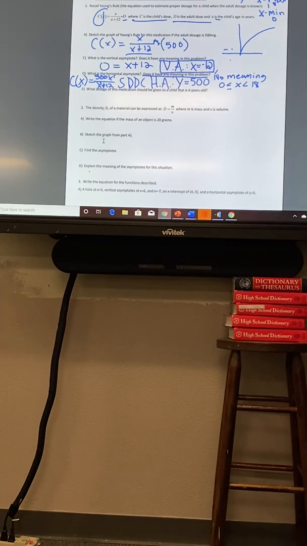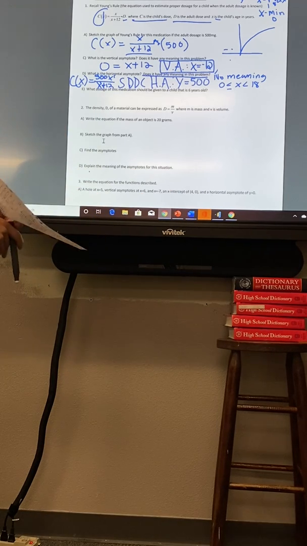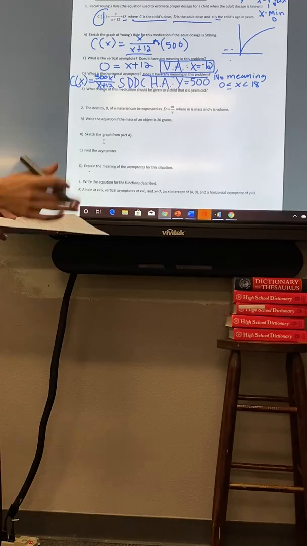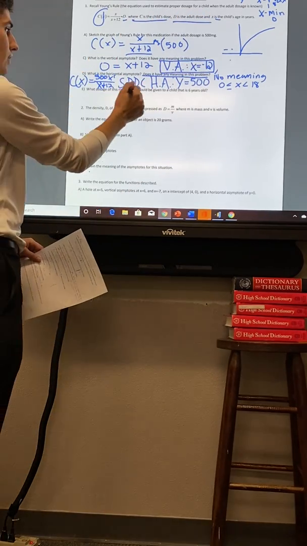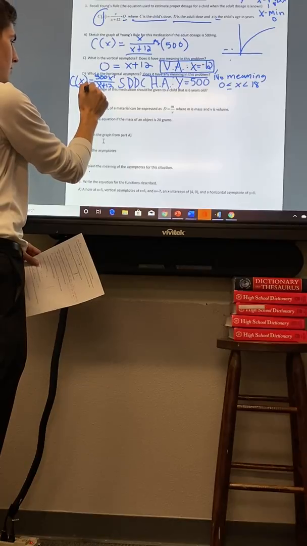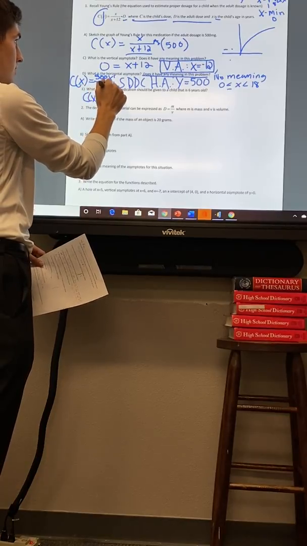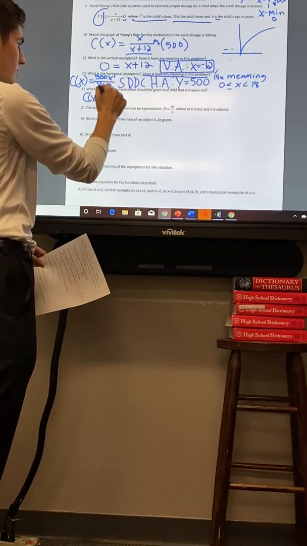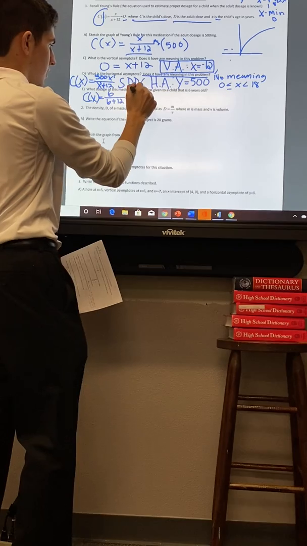So now we look to our last question, and that is, what dosage of this medication should be given to a child that is 6 years old? Okay, so we know that our child's age is the variable, and we know that it is now 6, so we simply want to plug in 6 over 6 plus 12 times 500.